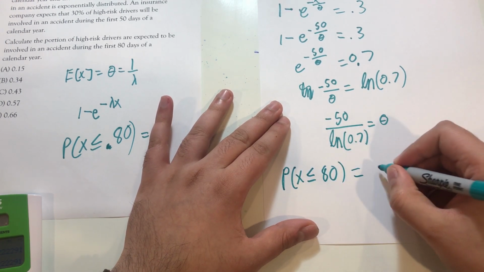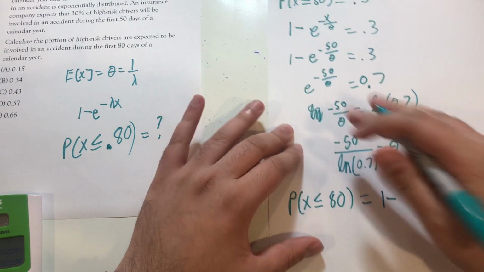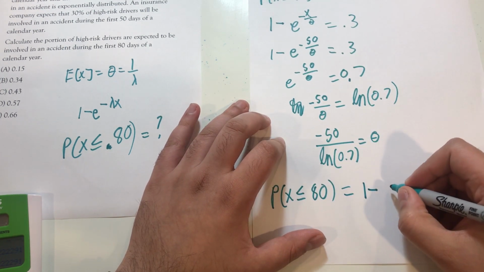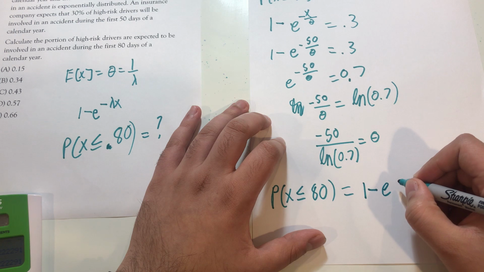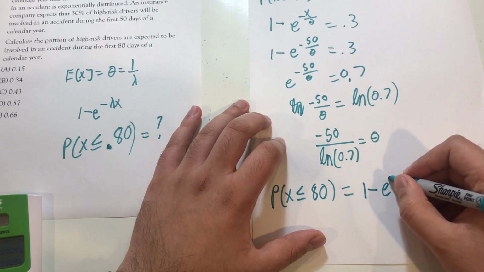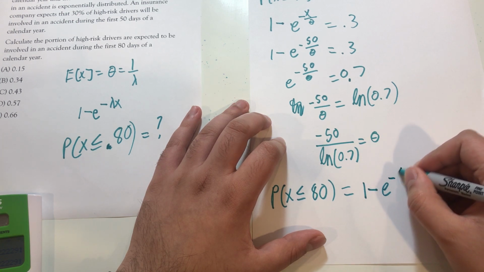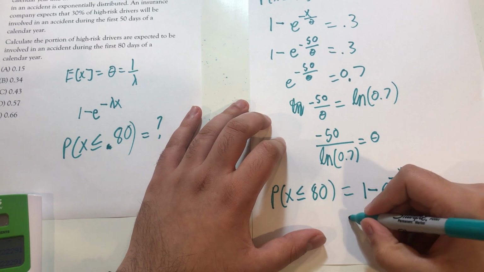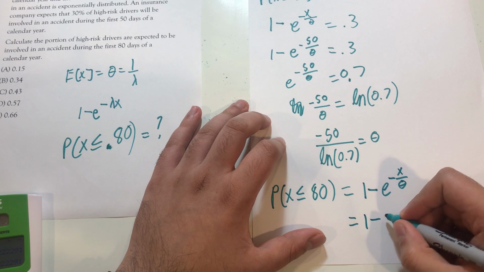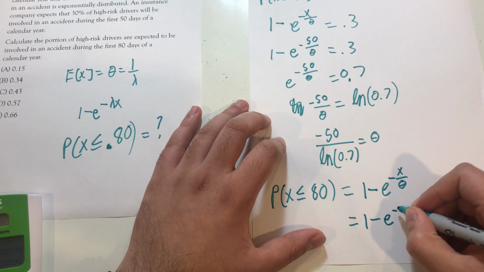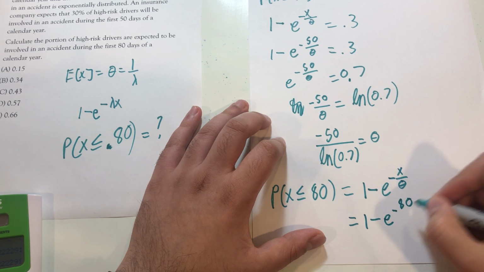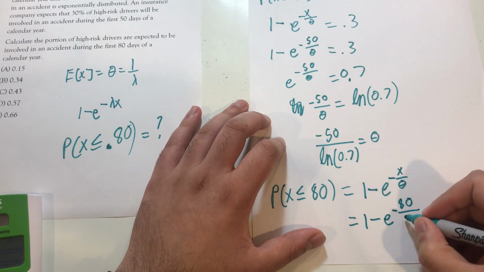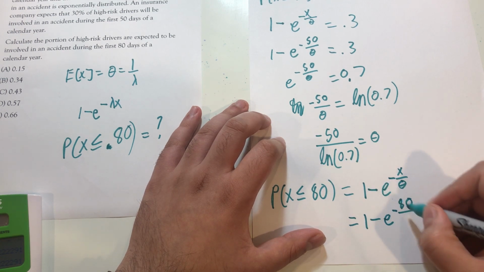And that's going to be 1 minus, like stated before, here's the equation for the cumulative distribution: e to the negative x over theta, where x is 80. So 1 minus e to the negative 80 over theta, which in this case I'll write out as such.